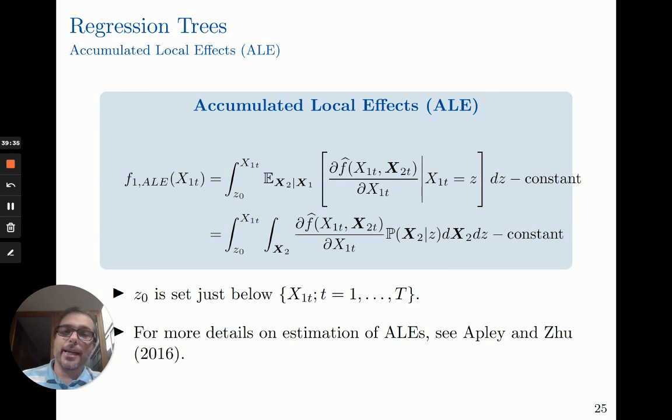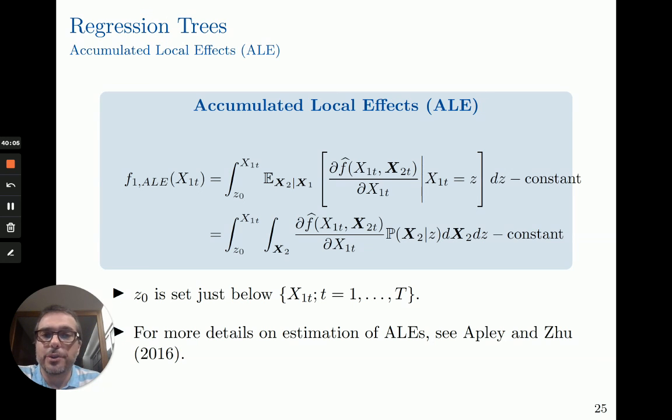The accumulated local effects are a bit more intricate. Basically, we are going to take the conditional expectation of the derivative of the estimated function, which is given by our regression tree.